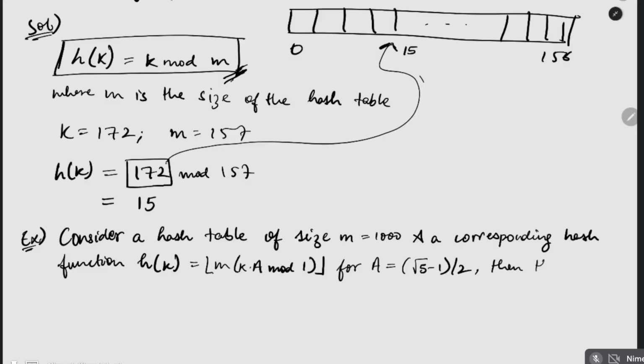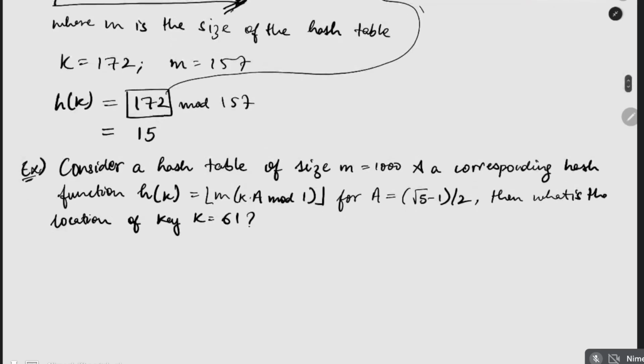Then what is the location of key k equal to 61?